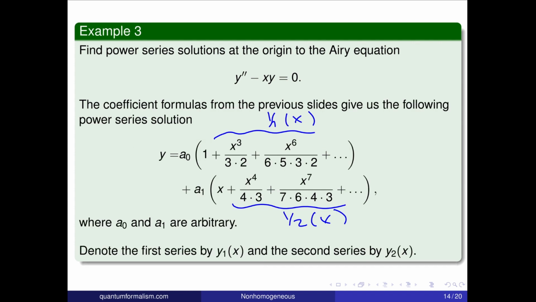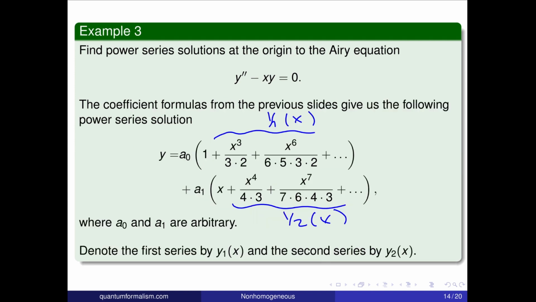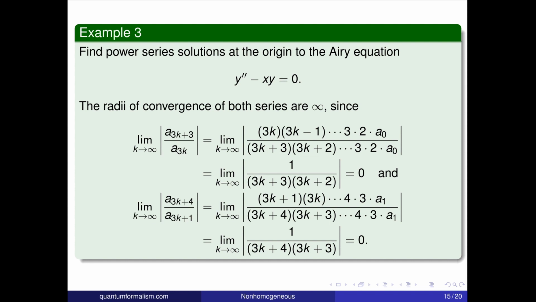So in terms of our notation for y1 of x and y2 of x, technically I shouldn't be including the a0. These were the things I already had formulas for, and I didn't want to introduce new notation. It doesn't matter anyway. If you multiply the series through by a0 or if you don't, those have to have the same radius of convergence because you're just multiplying by a constant.